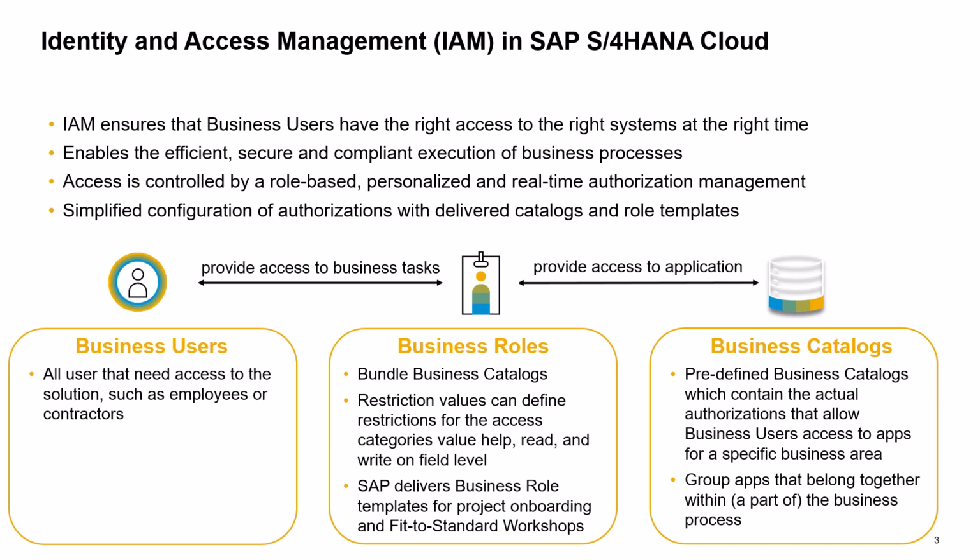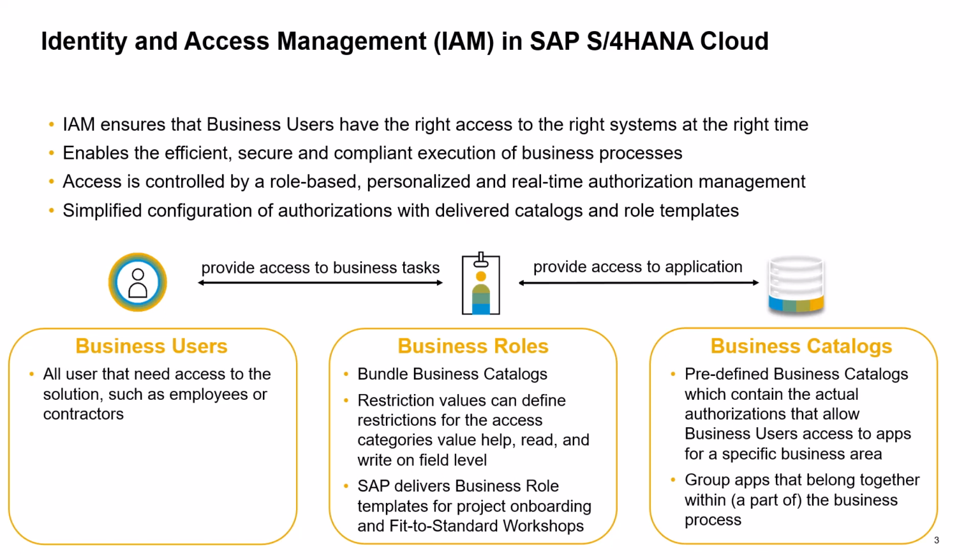The business roles contain business catalogs, and those catalogs contain the actual applications that the end user is using. So business roles contain catalogs which contain applications. The roles are what get assigned to users, and a user in S/4HANA Cloud is a business user.